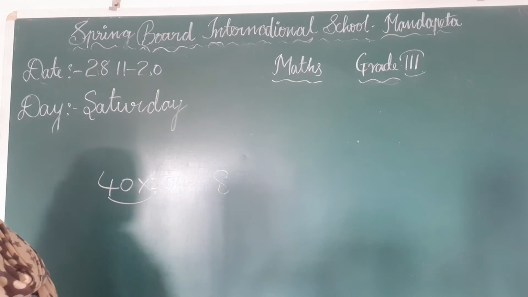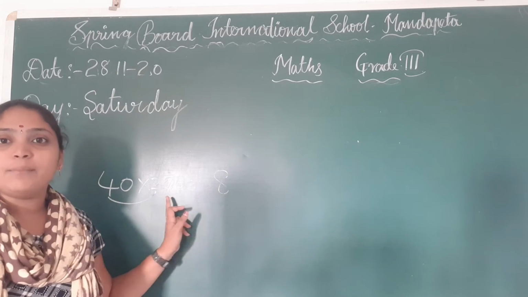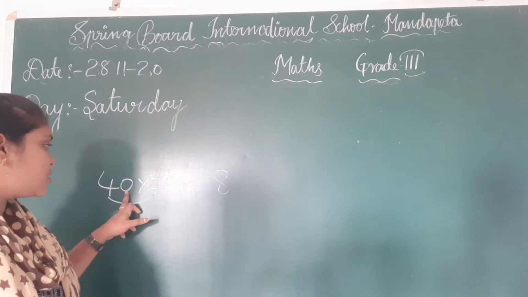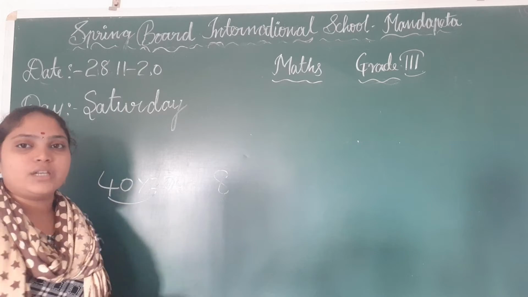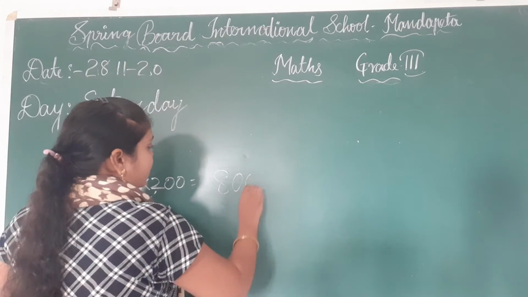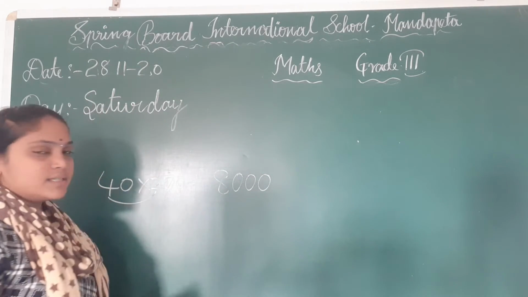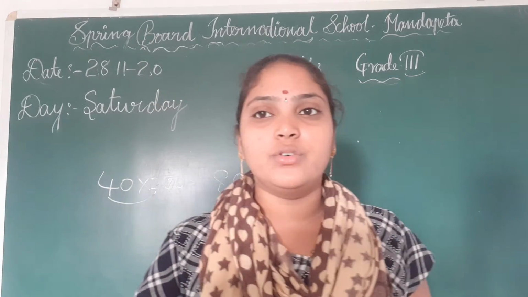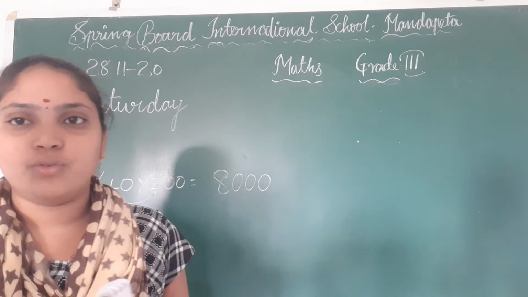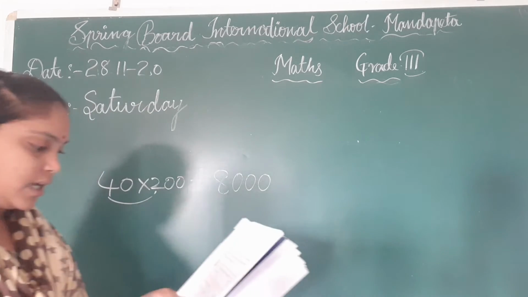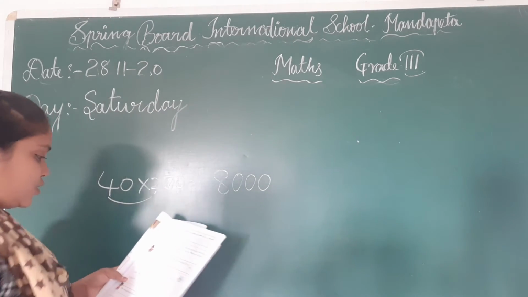Okay, 4 2s are 8. And now write the number of zeros. Let us count the number of zeros. 1, 2, 3. So here 3 zeros are there, meaning it's 8000. So 40 into 200 is 8000.